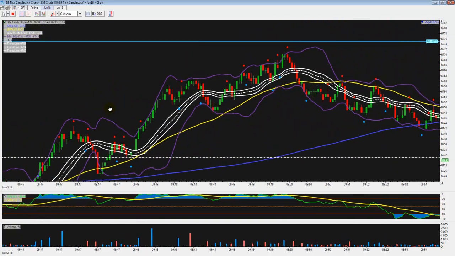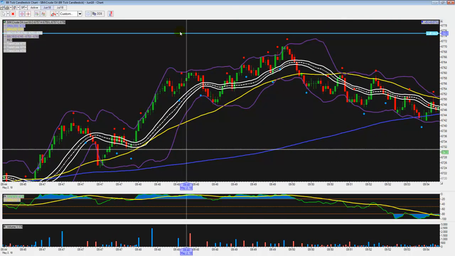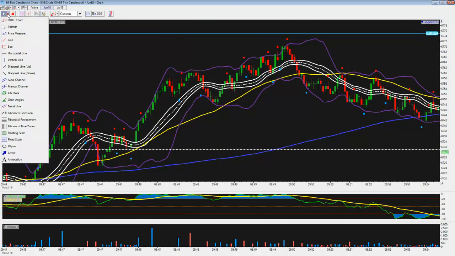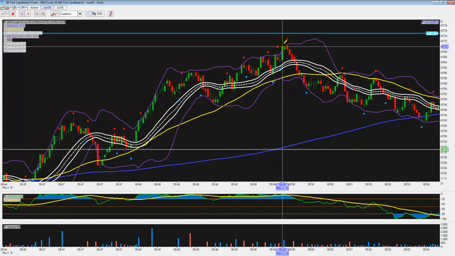So 67.7, that 50.73 area is the biggest area that we know on the charts.